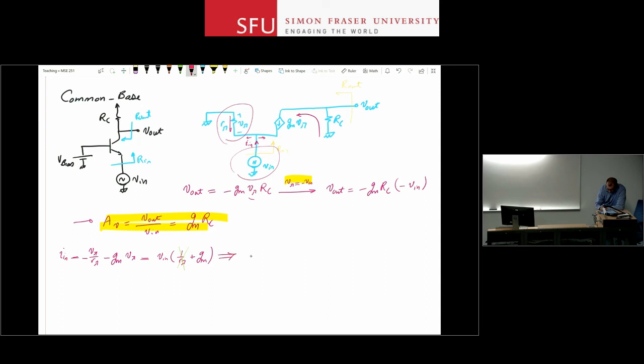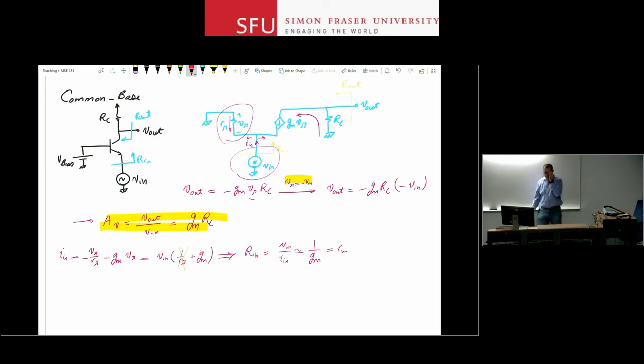Therefore, I can calculate R_in as the ratio of V_in to I_in to be approximately, if I ignore 1 over r_pi, 1 over gm. But we gave this a name, r_m, right? So the input resistance is r_m, and this is the aha moment.